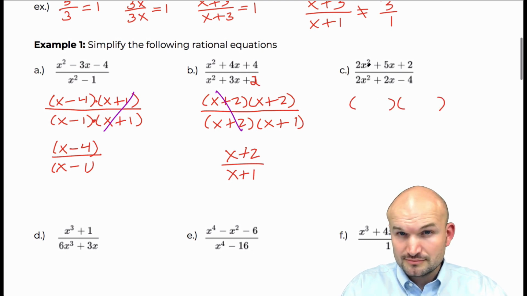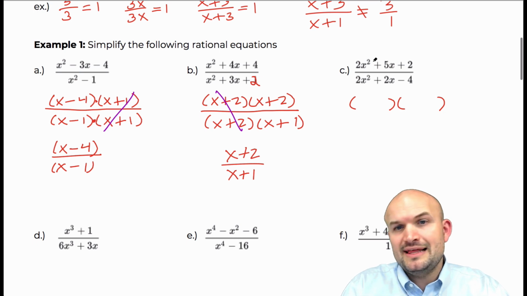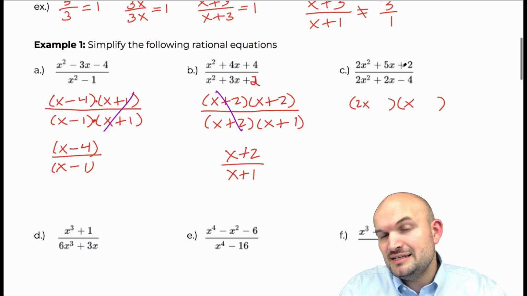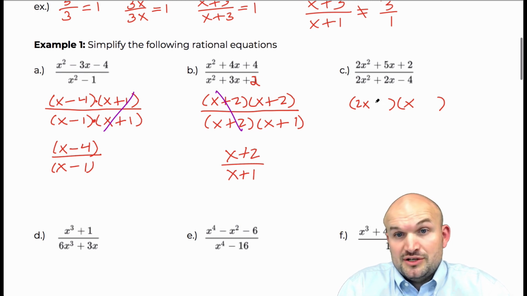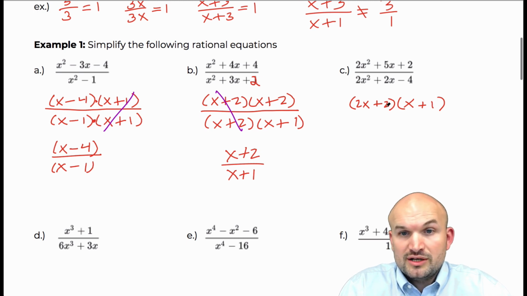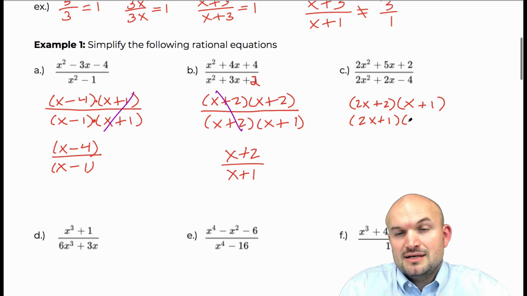Then we know the first two terms need to multiply to give us 2x squared, so that's going to be 2x times x. And then they need to multiply to give us a 2. Well, our only options are positive 1 and 2, right? That's the only option. We could write this as x plus 2 and 2x plus 1.